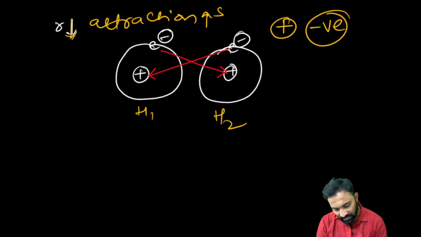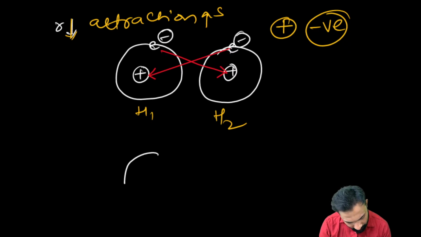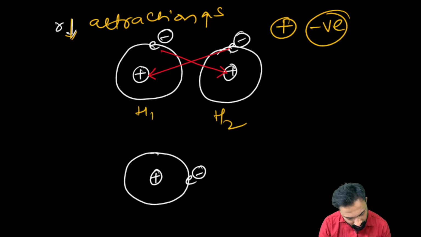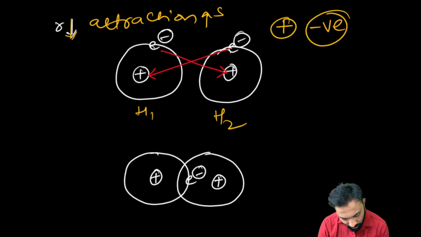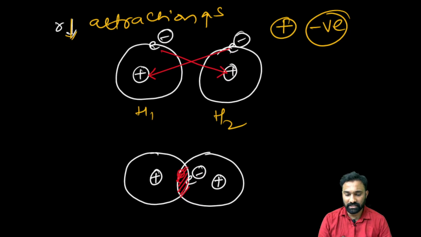Now when they are attracting, you see this hydrogen atom electron is present here. Another hydrogen atom's electron cloud also has come in this manner. Now the H2 atom electron is here. This region we call the overlapping region. Clear?